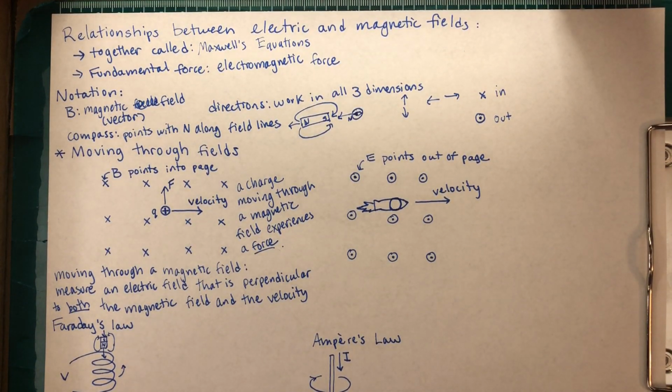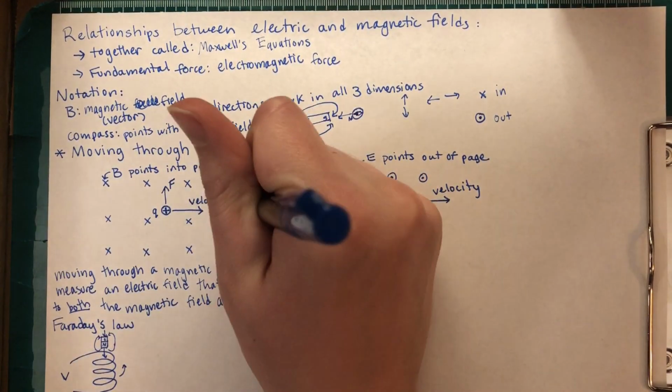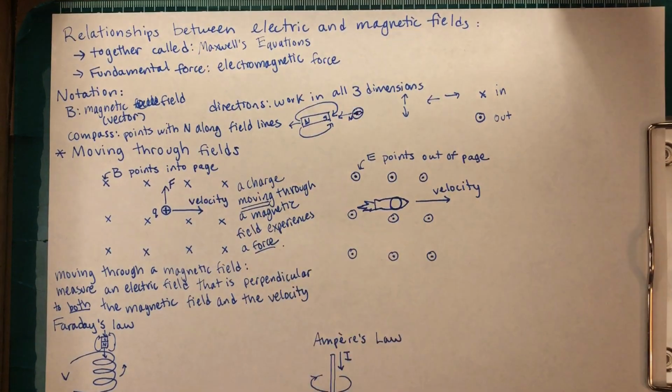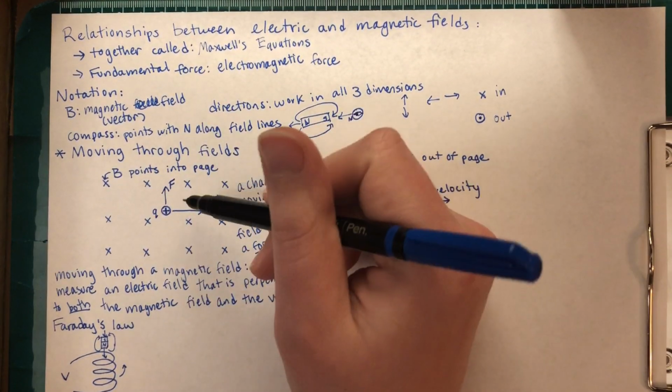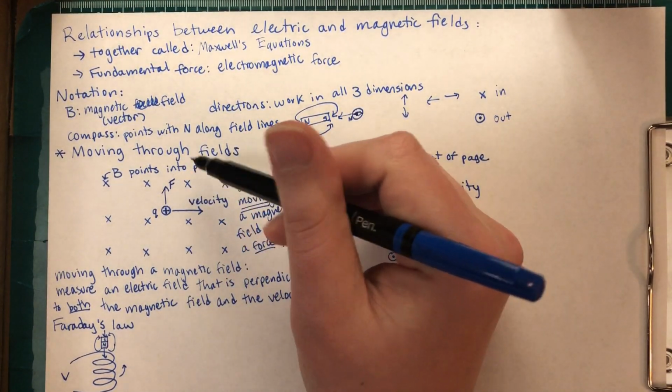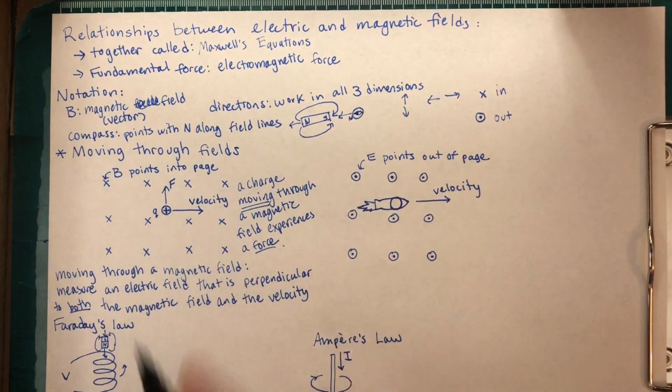Okay. An important thing to realize is that it needs to be moving. So the force depends on the speed, the charge, and the strength of the magnetic field. Okay.